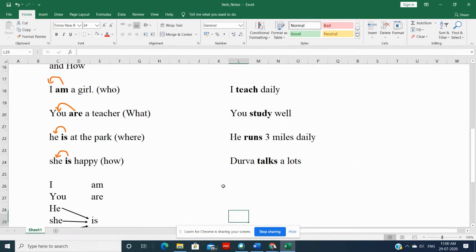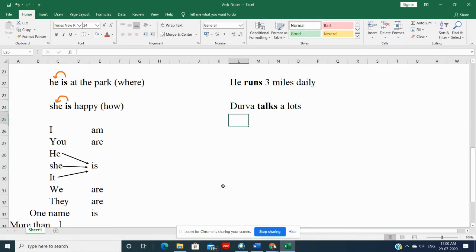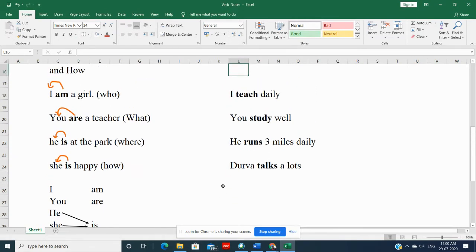All right, now let's see how we use them. You must have noticed here that with I, I have used teach. With you, I have used study. With he, I have used runs. Actually, the spelling is run. Then why have I used runs? Why have I kept that extra S here? Right? Again, with Durva talks, I have written talk plus S, which means there is an extra S here.